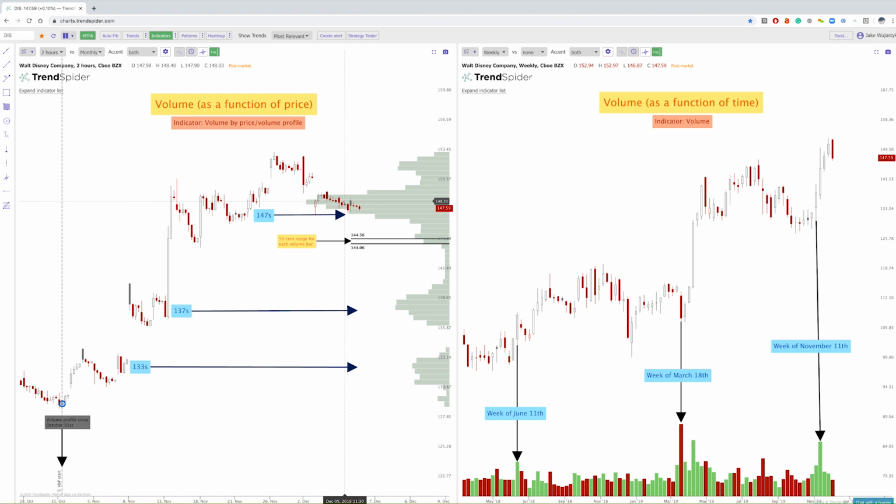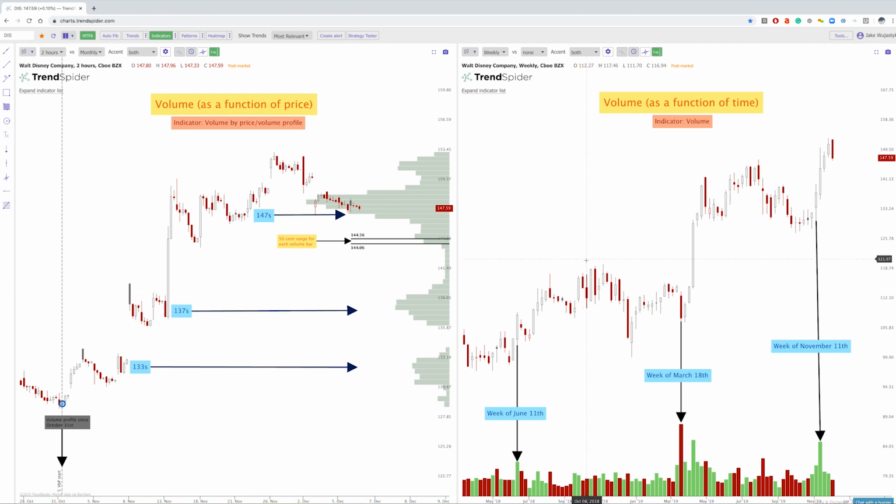The nice thing about this is you can see where that volume is in a supply or demand zone. If the volume is above the price, that would be a supply zone; if the volume is below the price, that would be a demand zone where there's a lot of volume holding. And so you can see where price may gravitate towards.